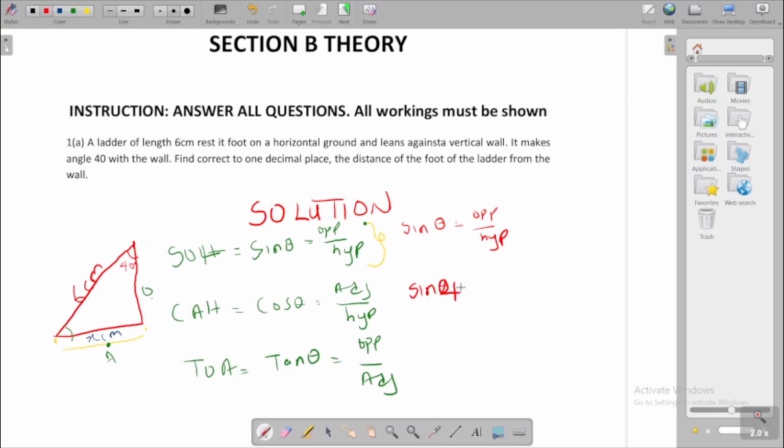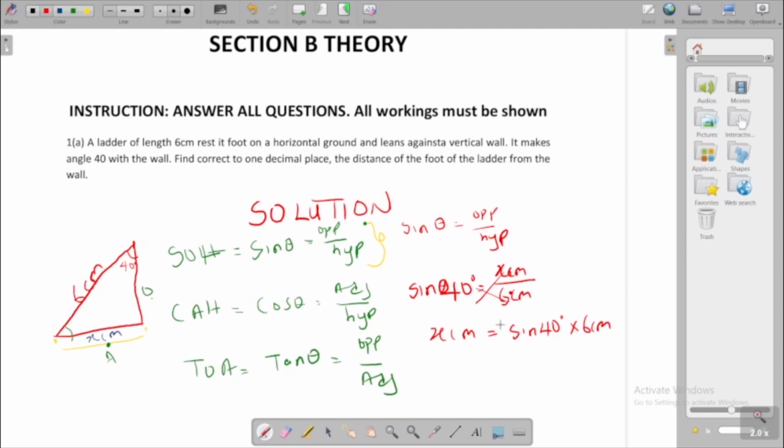So we say sine 40 degrees is equal to x centimeter over 6 centimeter. And you cross multiply. We have x centimeter equal to sine 40 degrees times 6 centimeter.